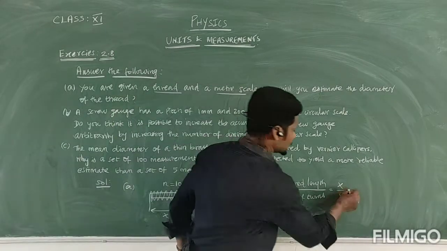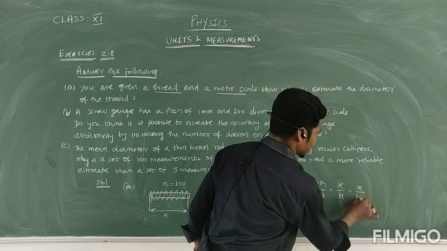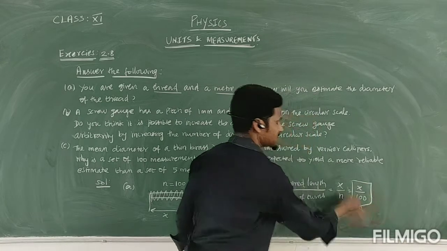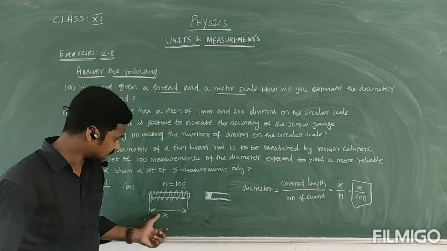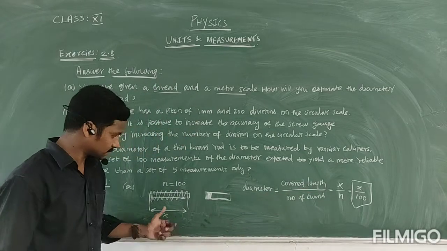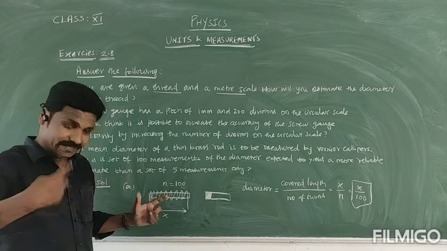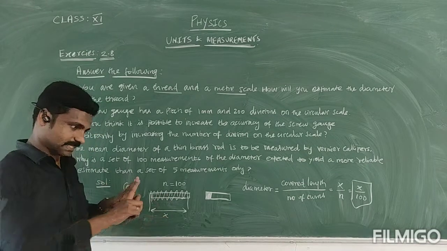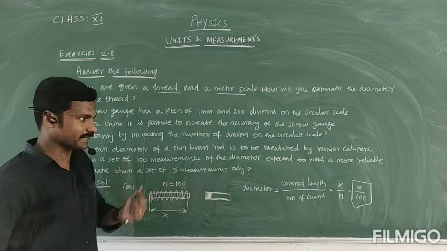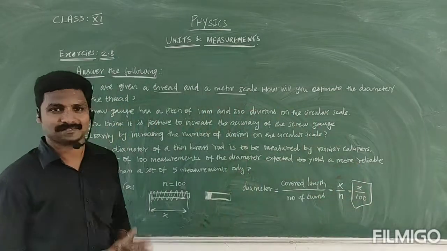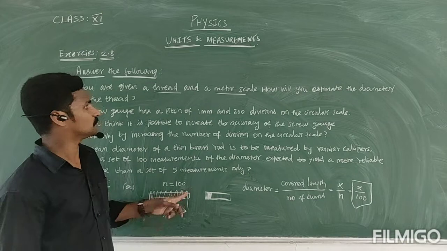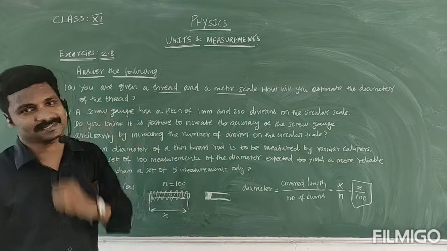So I can write x divided by 100, that's all. Easily we can find that this x centimeter is nothing but n turns of wire diameter, total n diameters. But I need one diameter, so that is x divided by 100. This is the way to find the diameter of the thread.